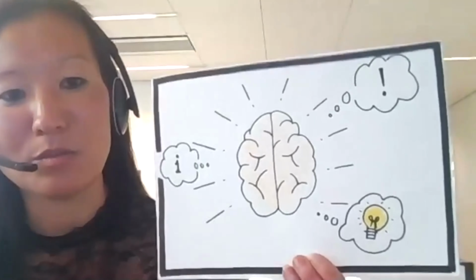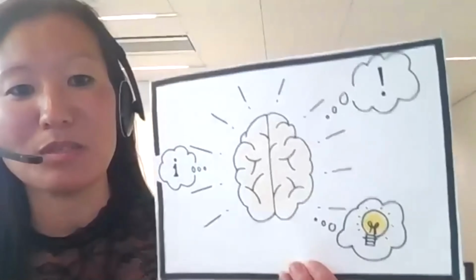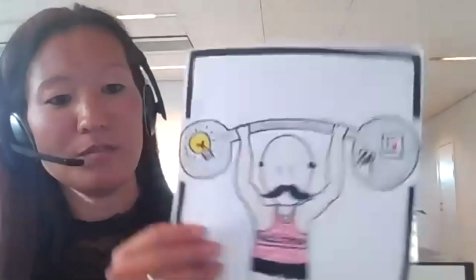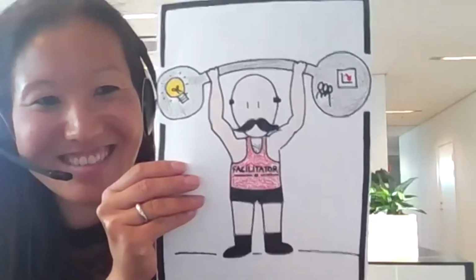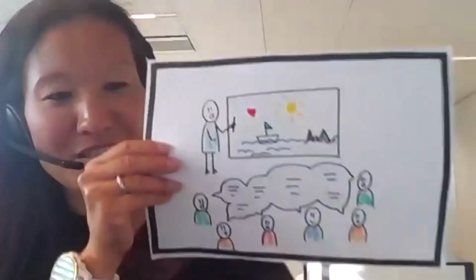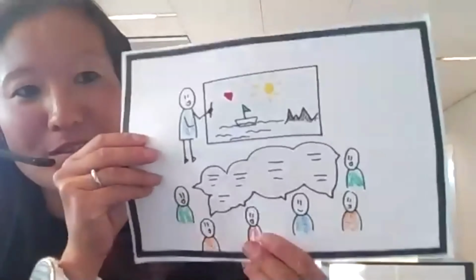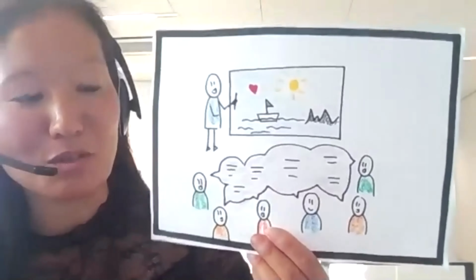Sight is our primary sense, and you also say a picture says more than 1,000 words. It's a very powerful tool for the facilitator, because it really engages, activates and involves the participants in your session.